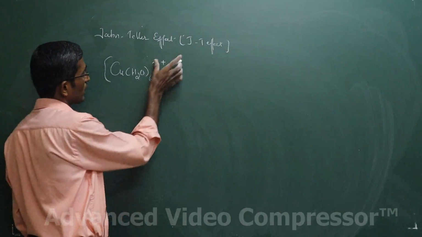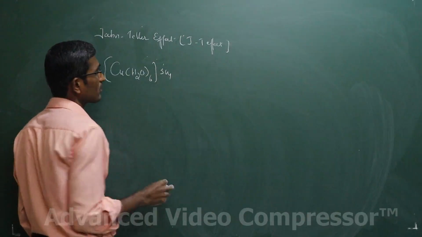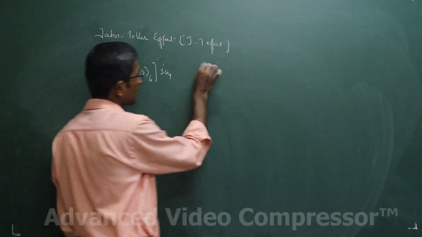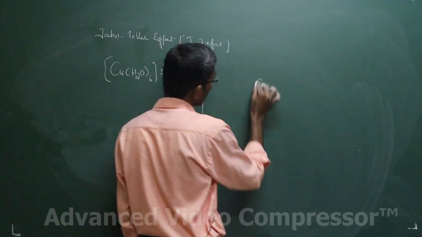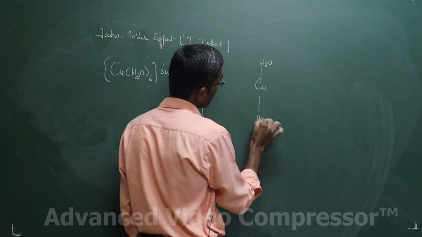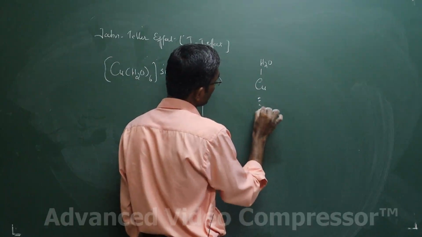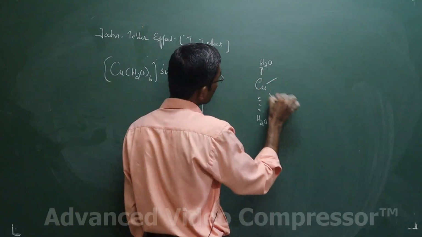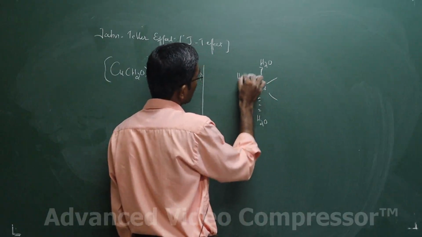If it is an octahedral complex, if you have been given this, the common prediction for us, thus far whatever we have seen, is that this is an octahedral complex. Two of the water molecules will be below and above the plane, the rest will be within the plane.